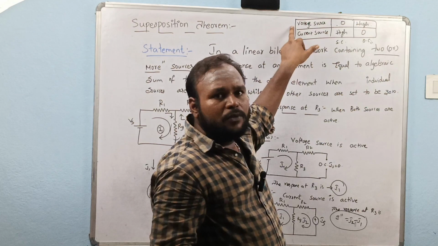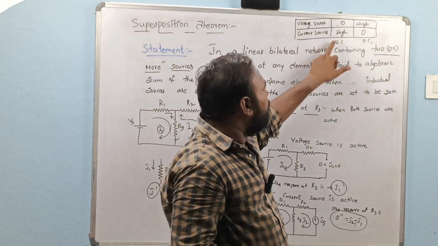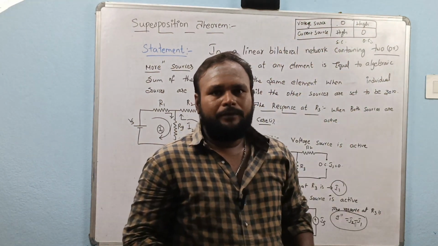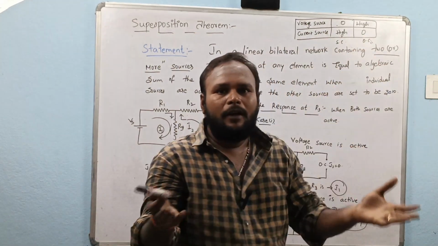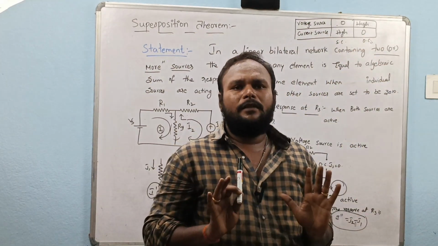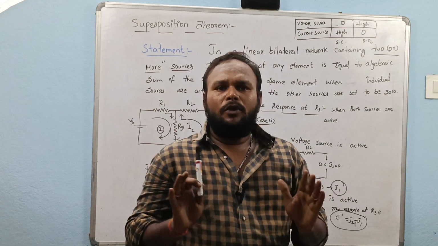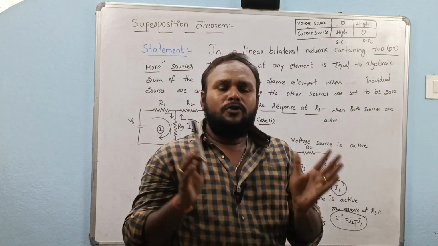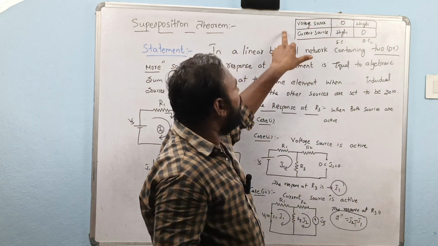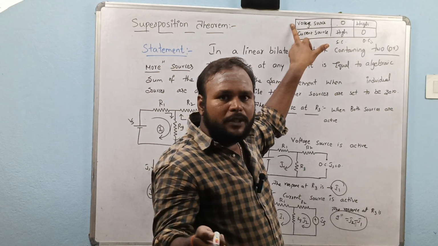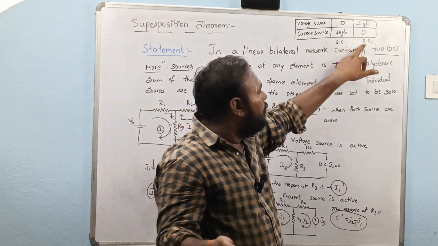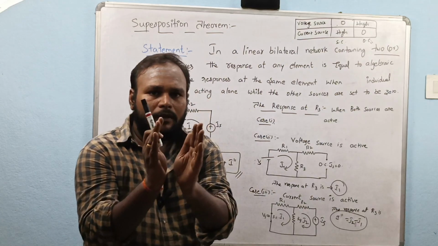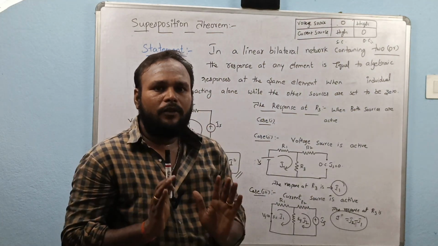You want to make the voltage source 0, then you can do short circuit. You want to make the current source 0, then you can make open circuit. Very simple thing. To make sources 0, this is the rule. If you want to make voltage source 0, do short circuit. If you want to make current source 0, do open circuit at that source branch only.